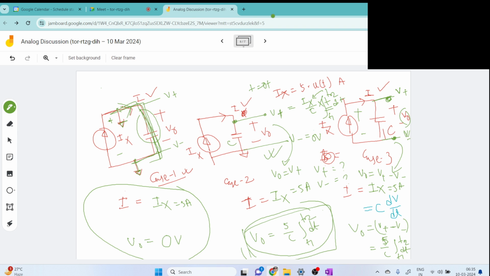Make a circuit yourself, vary the current through an ideal voltage source, and try to calculate the voltage and the currents, in this manner.